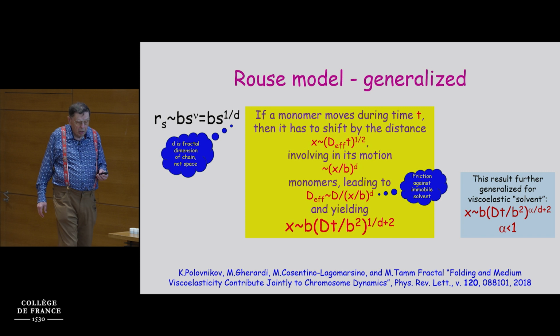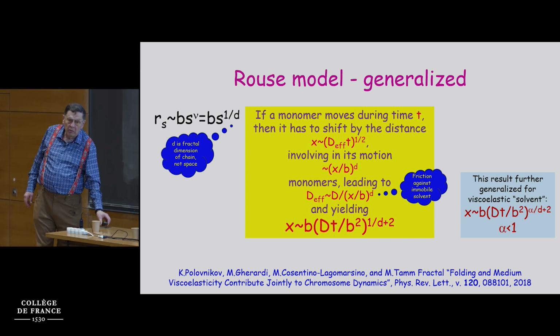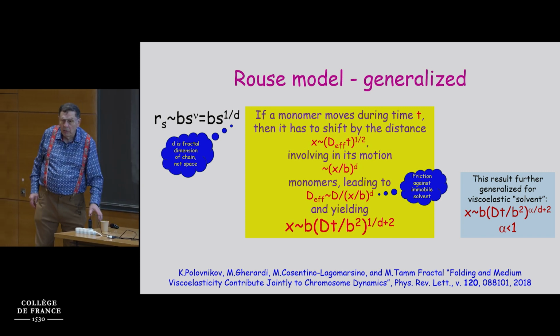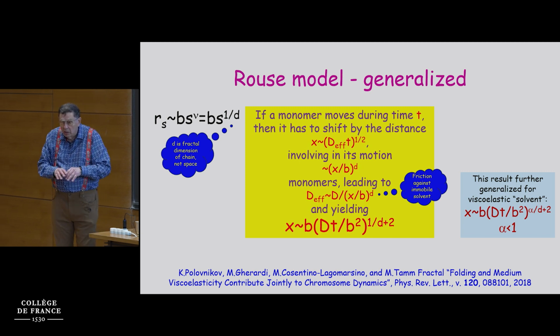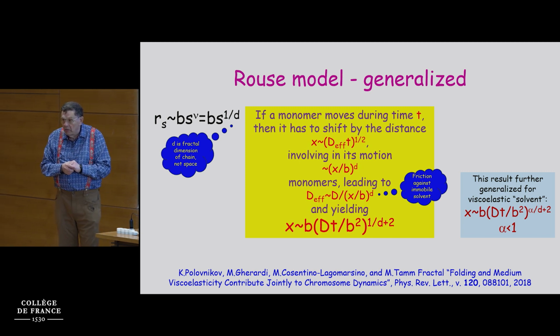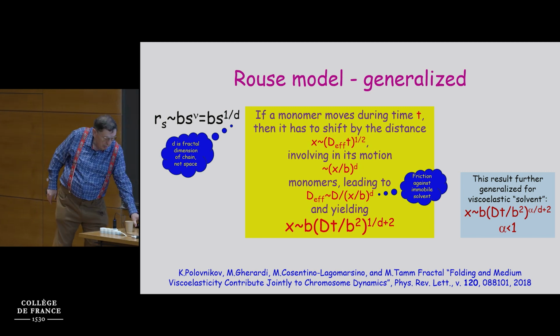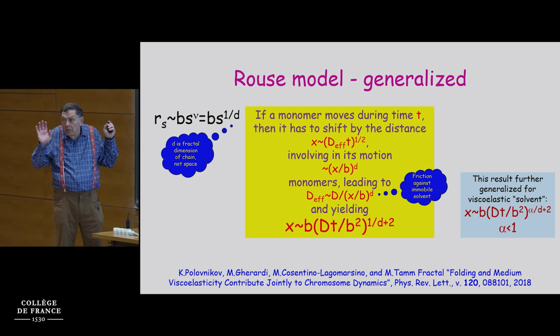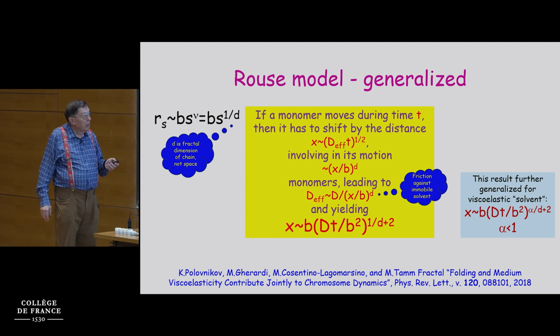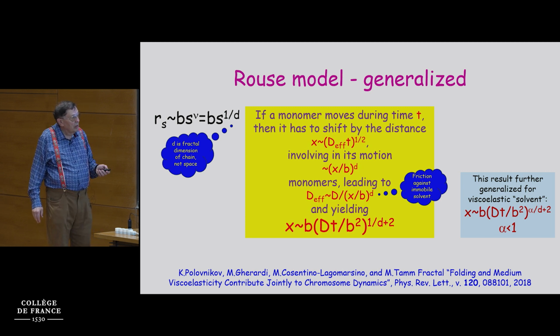Because they all swim in this fantastic swimming pool, and each of them experiences friction independently of all others. So you have this number of monomers, each experiences friction independent of others. That's it. And so if you combine these things together, you discover that this is your answer.